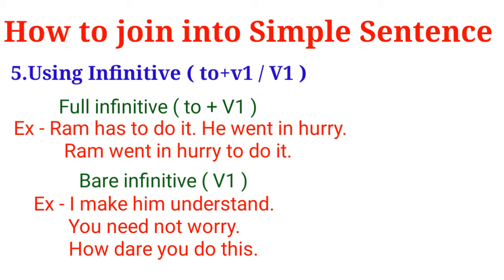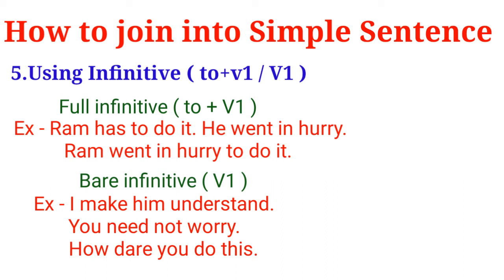In the second phase we can watch out for bare infinitive, that is only V1. The examples are, I make him understand, you need not worry, and how dare you do this. In these three sentences, understand, worry and do are exactly examples of bare infinitive. These words are V1 but they are unable to provide completion to the sentence.